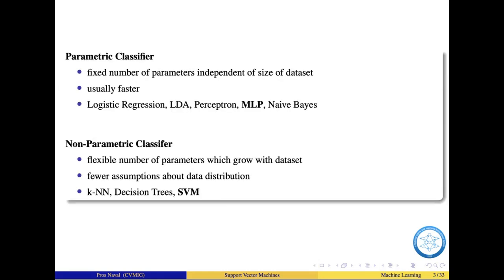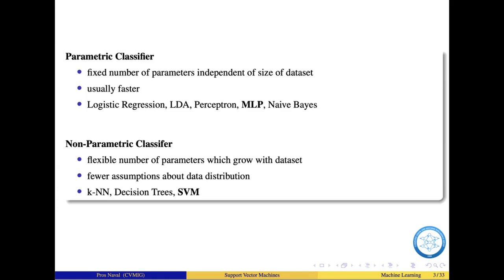So before we continue, let's first talk about parametric and non-parametric classifiers. So parametric classifiers are classifiers with a fixed number of parameters. And these parameters, the number of parameters, are independent of the size of the dataset. For example, your MLP.